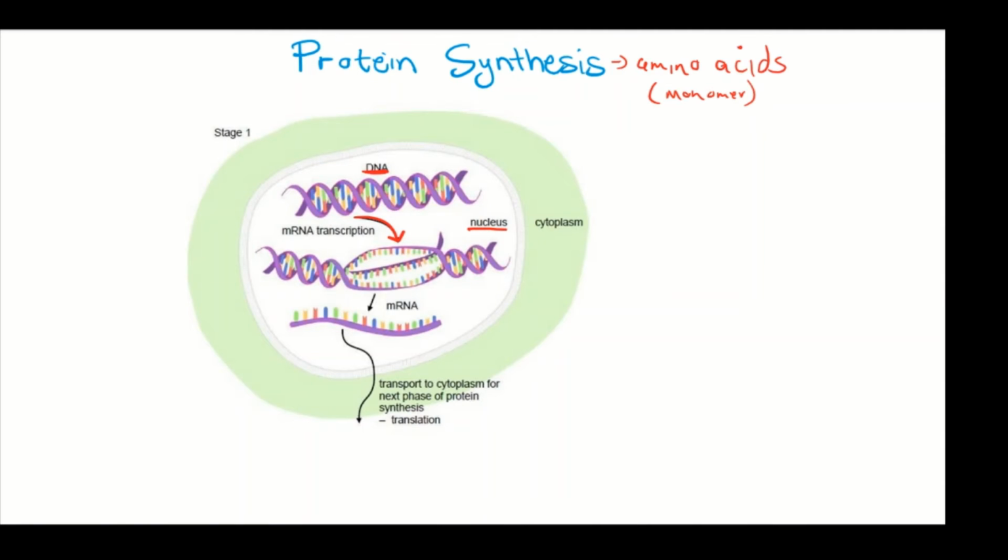The bond is broken down, so now the nitrogenous bases have unzipped, right? So once they unzip, there will be a formation of mRNA. There'll be one strand of DNA which is going to act as a template.